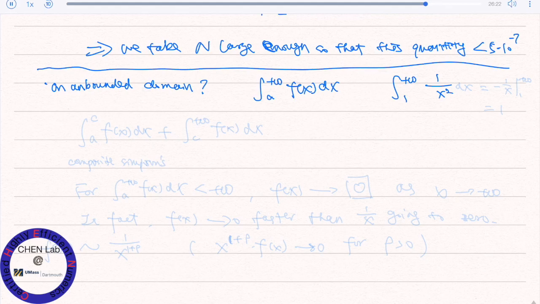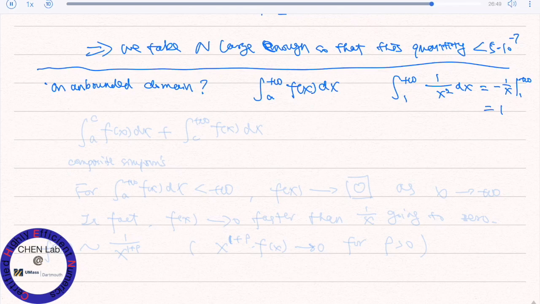But if we take 2, the antiderivative is -1 over x. Between 1 and infinity, we're going to get 1. So again, this function is perfectly integrable. The integral is 1. But if we were to apply the rules we have right now, we're stuck.